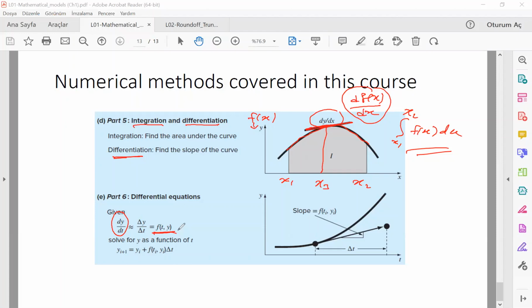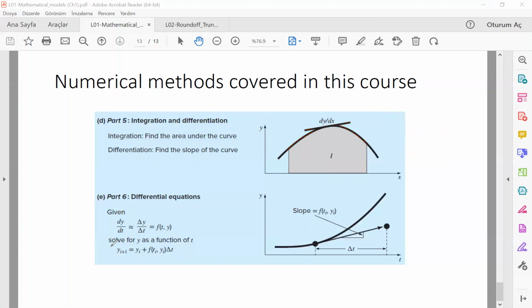So it is the variation of y as time varies, and as we have shown in the previous slide, if we use computational methods, numerical methods, first order differentiation gives us the slope, and using the slope, we can estimate the values of the function. So all this will be covered in this course.